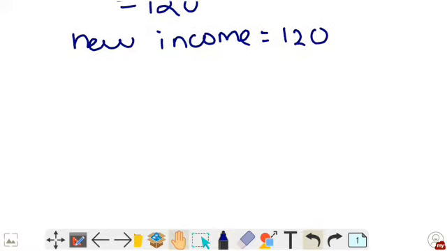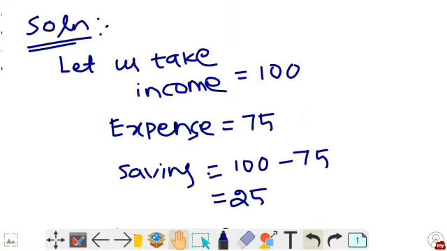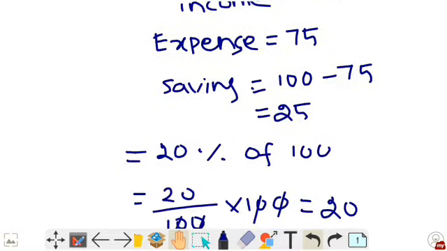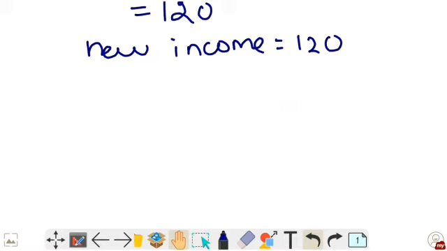Next, he increased his expenditure. Okay, he spent more money. He increased his expenditure by 10%. So now we will calculate his new expense.